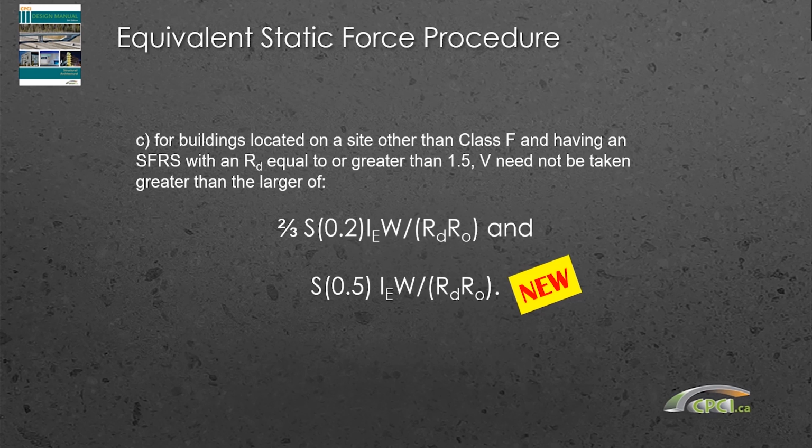And then I guess they realized that cutoff could cause some complexities for longer periods, so they also have the 0.5 equation in there as well.